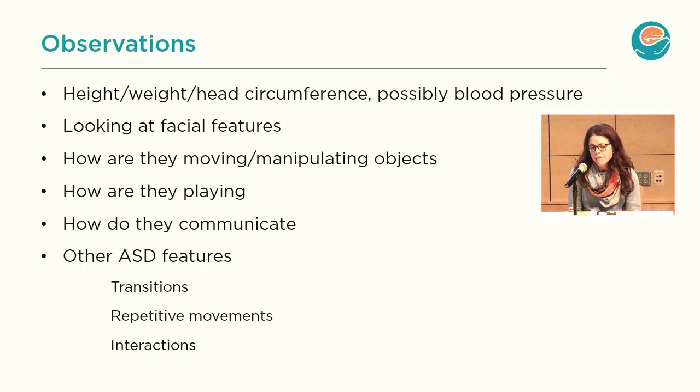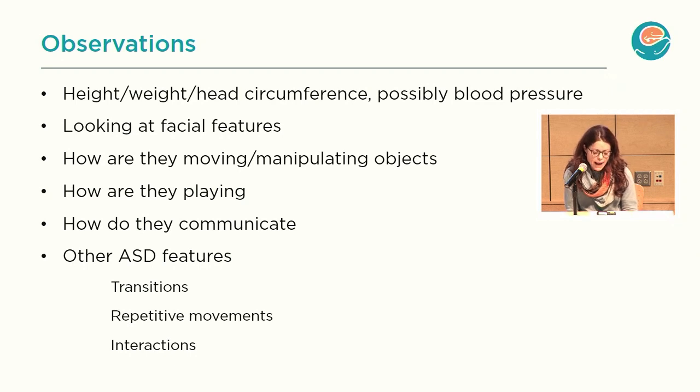So when we have kids that come in, we do observe them, like I said, and we're looking at the health and the wellness of the child, but we're also really observing, looking for things that are characteristic of autism spectrum disorder. So there will be a small piece of examination related to measurements like height and weight and sometimes blood pressure.